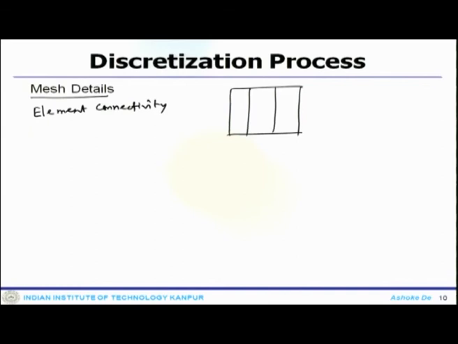Now, among the mesh details, one important thing is the element connectivity. If I look at this particular condition, this is my domain and I divide it into 9 elements.